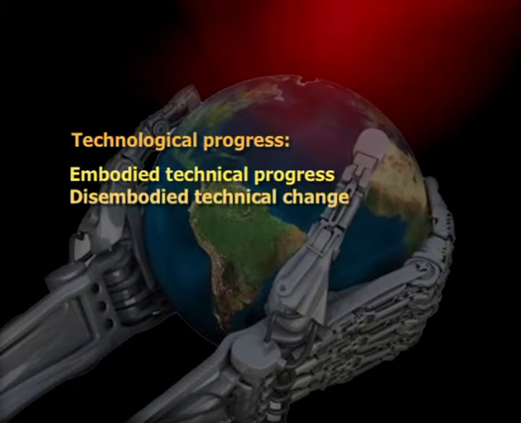Disembodied technical change is purely organizational, which allows more output to be produced from unchanged inputs without any new investment. This refers to any kind of shift in the production function that leaves the balance between labor and capital undisturbed in the long run.